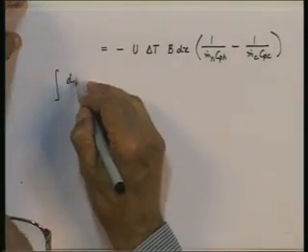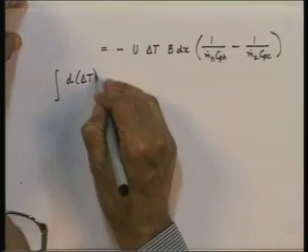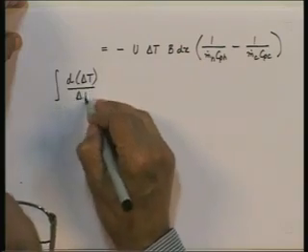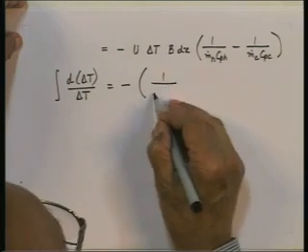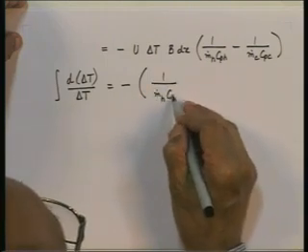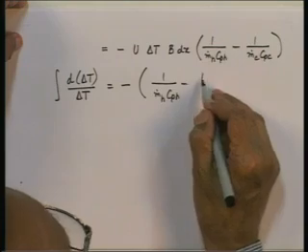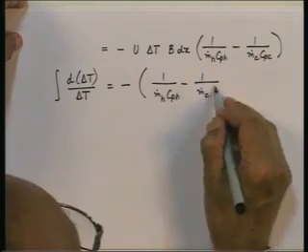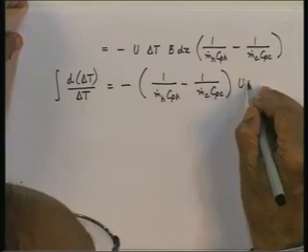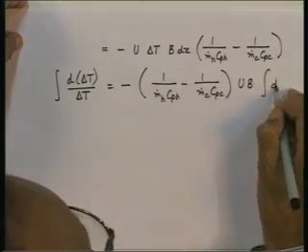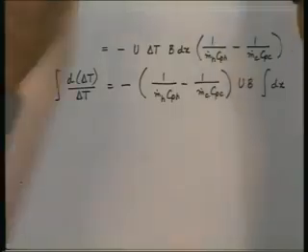So, I will get d delta T upon delta T is equal to minus 1 upon m dot h Cph minus 1 upon m dot c Cpc, U B, the integral over dx.